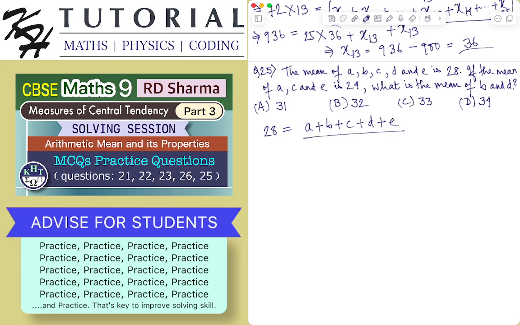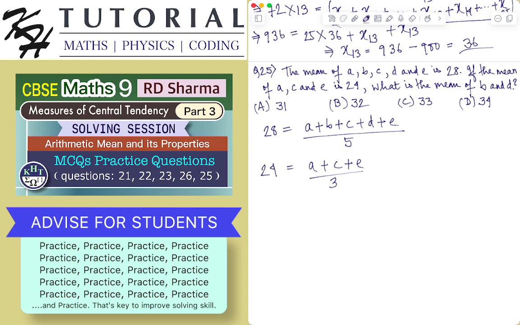A, B, C, D, E, there are 5. Again it is given that the mean of A, C and E is 24, that is A plus C plus E, and these are 3 observations. Now it is asking what is the mean of B and D.